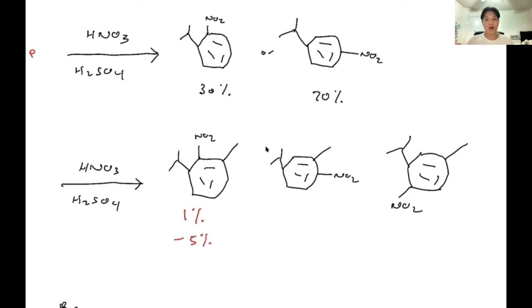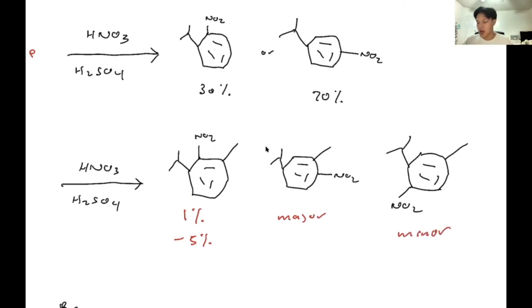Very, very small. And to be honest with you, we don't have concrete evidence as to which one of these two will happen first, which one will be the major or which one will be the minor. But we can hypothesize and make an educated guess that this one will probably be the major and this one will probably be the minor product, right?